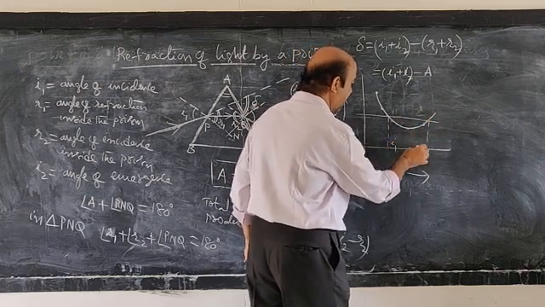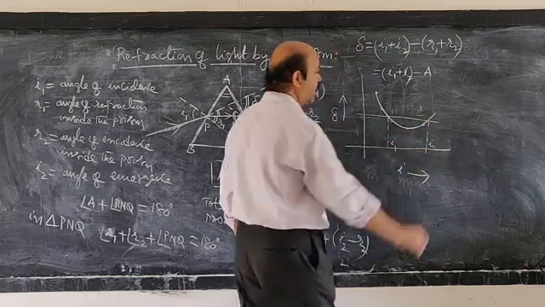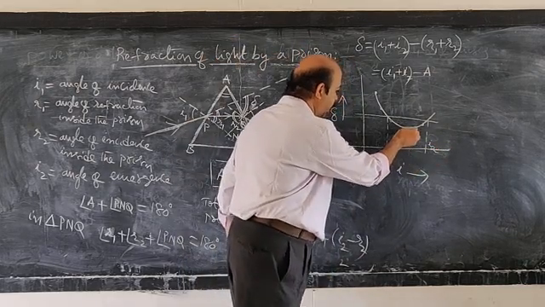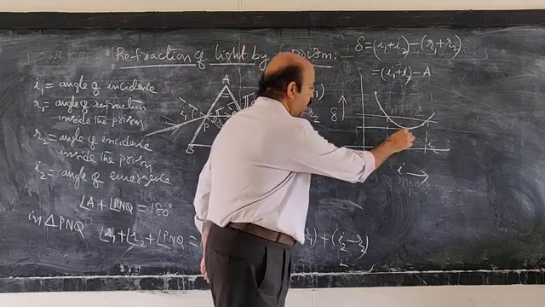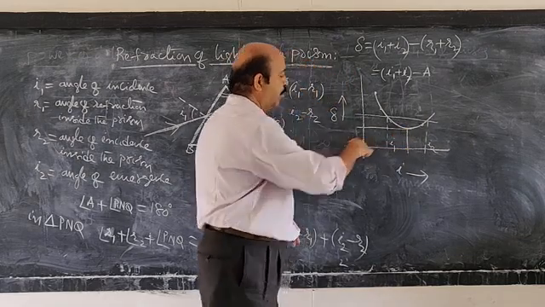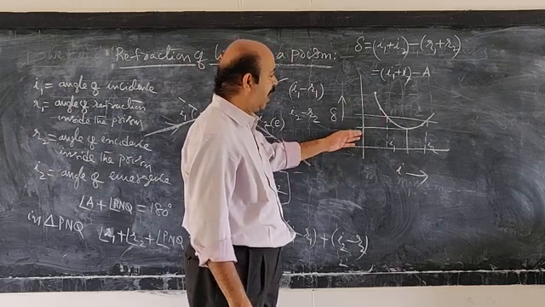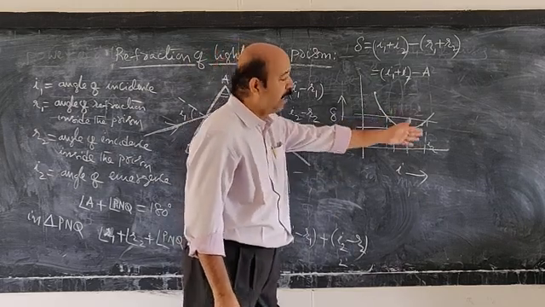This is I1. You can say the corresponding is angle of emergence I2, except at this point where both I1 and I2 become equal. For all other positions, you will have I1 and a corresponding I2.